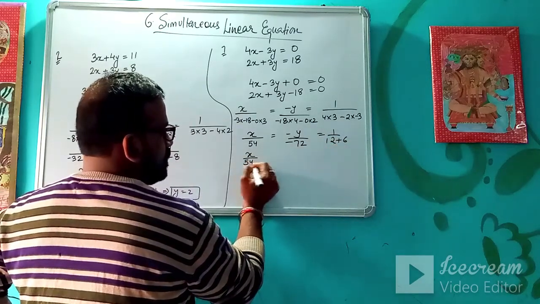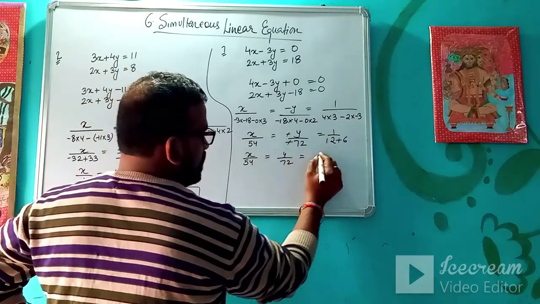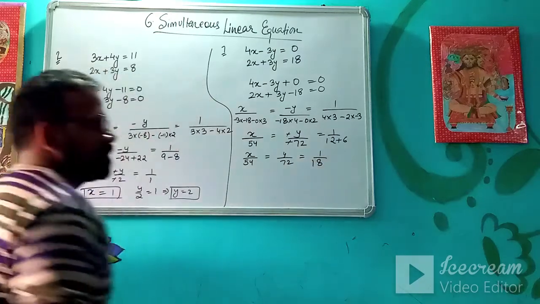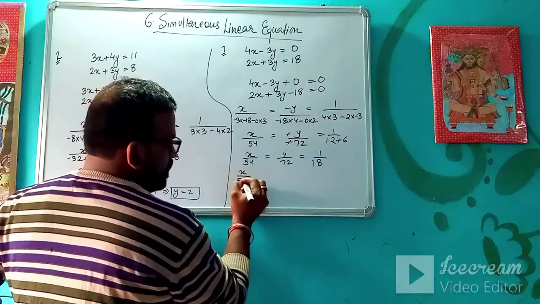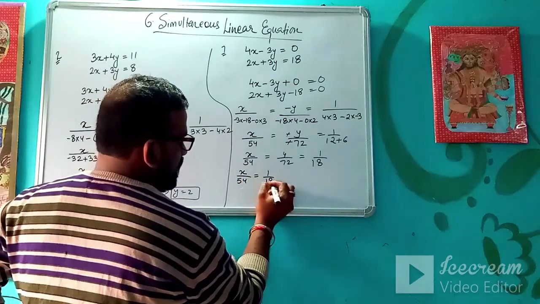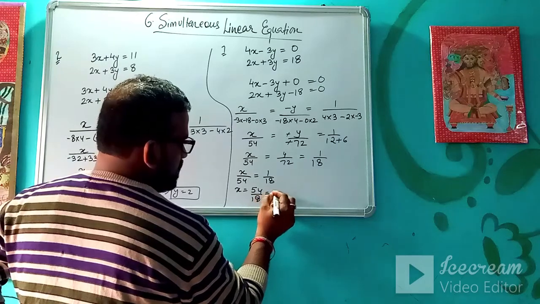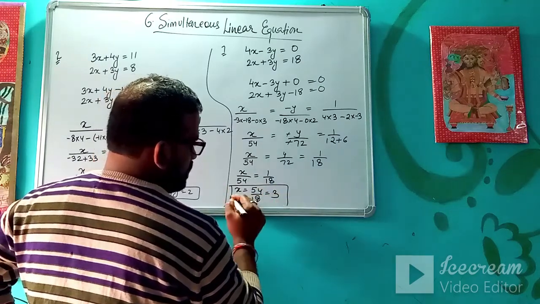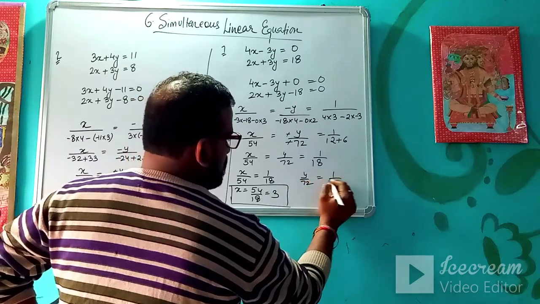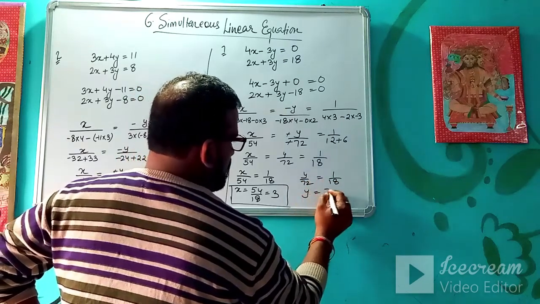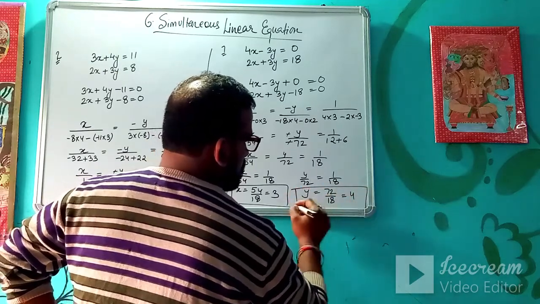That is x upon 54, minus minus cancel, y upon 72 and 1 upon 18. Then let's compare x upon 54 equal to 1 upon 18. So x will be 54 upon 18, that is 3. Then y upon 72 equal to 1 upon 18. So y will be 72 upon 18, that is 4.